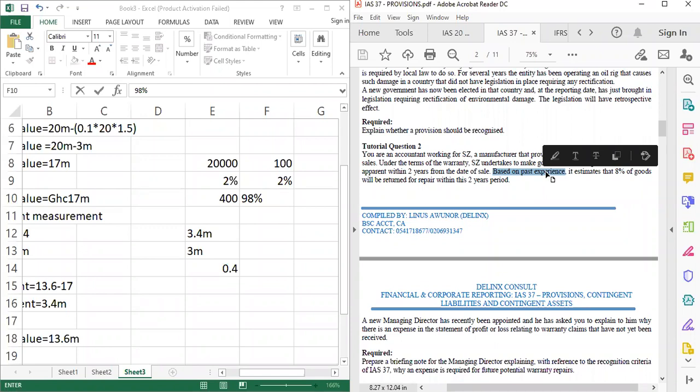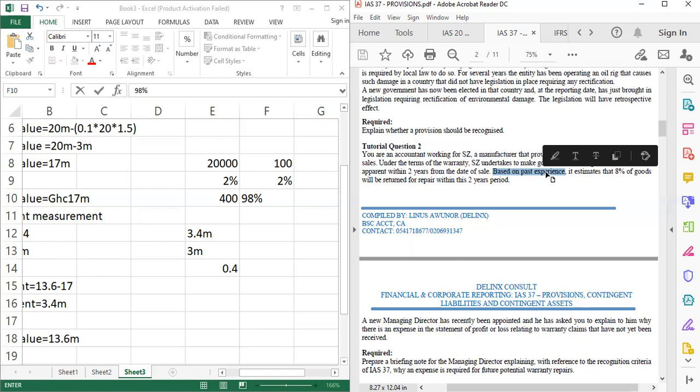And even if you take the 8% of the total goods returned, it's material. Since it's material and based on our past experience people have been returning the goods, yes, we're supposed to make provision because there is a constructive obligation, that is the past experience. And we can also make a reliable estimate that 8% of the goods will be returned. And if they return them for repairs, we are going to spend money to repair them. Therefore, we should make provision.